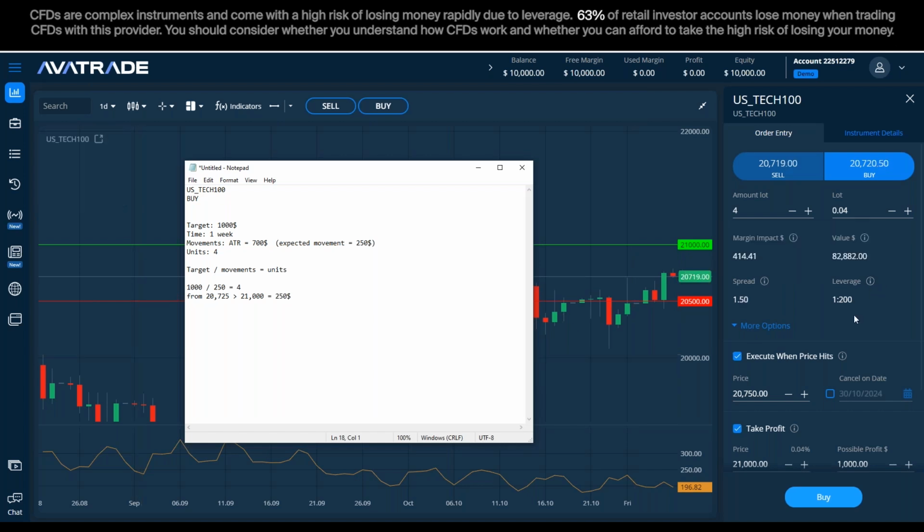That means that this multiplies my buying and selling, giving me a much higher ability to acquire more units with the same balance. Meaning, if I take the price per unit, which is 20,715, and I multiply that by the amount of units, I will have the value.